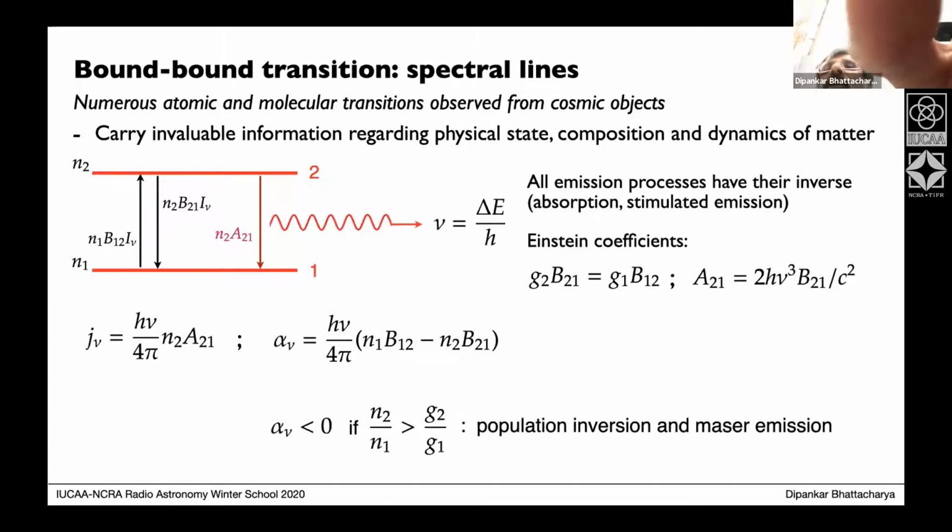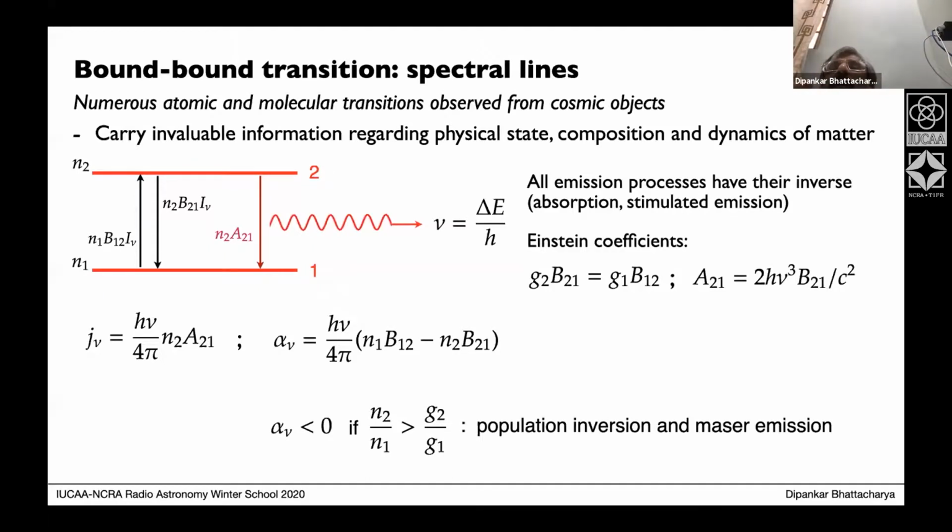However, the incident radiation can also induce transitions from state 2 to state 1. This is called stimulated emission. That process has a rate equal to N2 times the incident intensity of the photon, times this coefficient B21, which is going from state 2 to state 1.